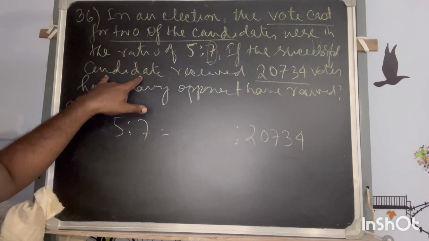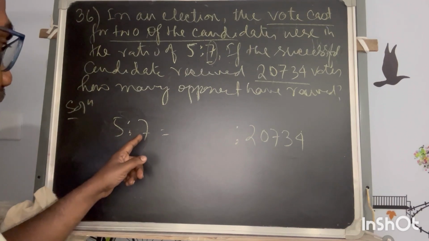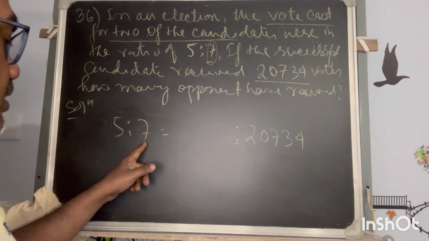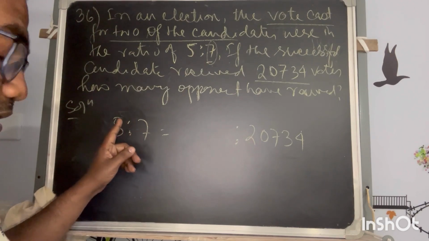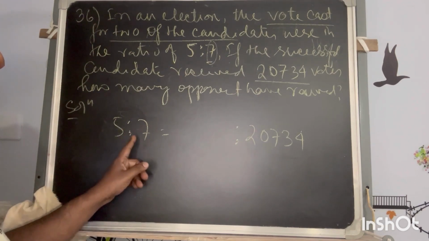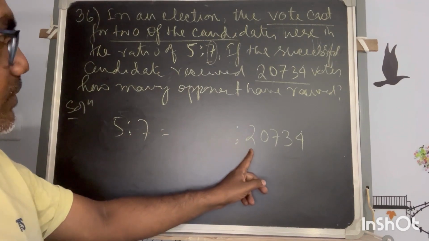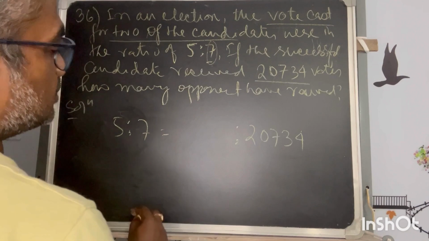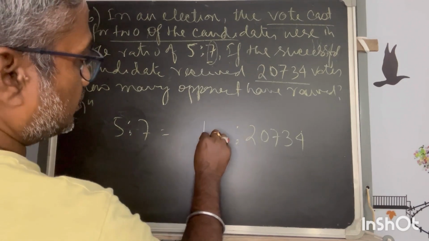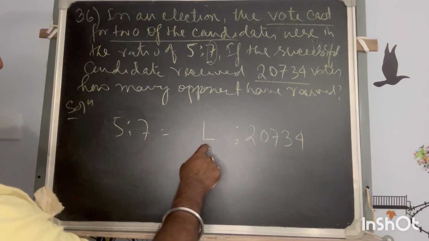Now we can easily decide who has won the contest, and the one getting the 7 in the ratio definitely has won because he has the higher vote share, so his number will come there. So this is the one who has lost, so we can take it as L, the votes that he has received.